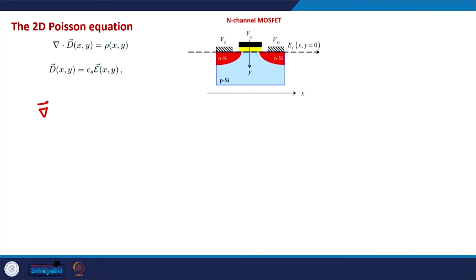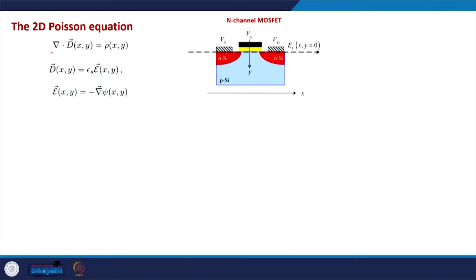The general Poisson equation is del dot D is rho. Rho is the spatial charge distribution, D is the displacement electric field vector, and in 2D, in both x and y directions, D(x,y) is epsilon s, the dielectric constant of the semiconductor, times the electric field as a function of x and y. So, now we are considering the electric field in both directions, along the channel in the x direction and perpendicular to the channel in the y direction.